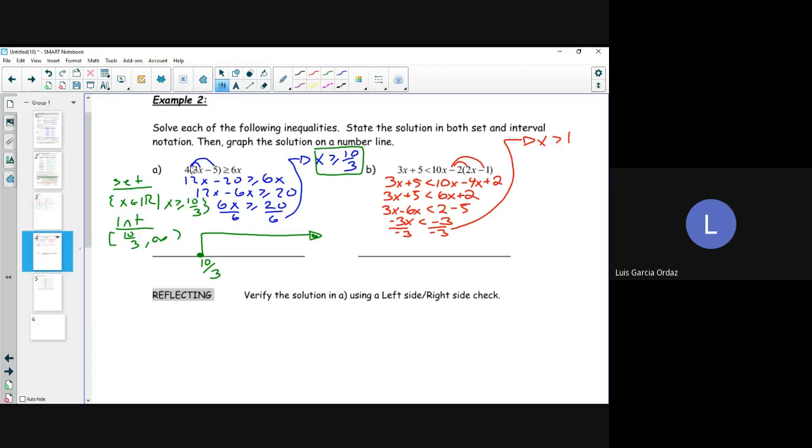What would have happened if I moved all the variables, all the x's to the right side and all the constants to the left side? What answer would you get still? Someone tell me if you get the same answer as we got in this example.